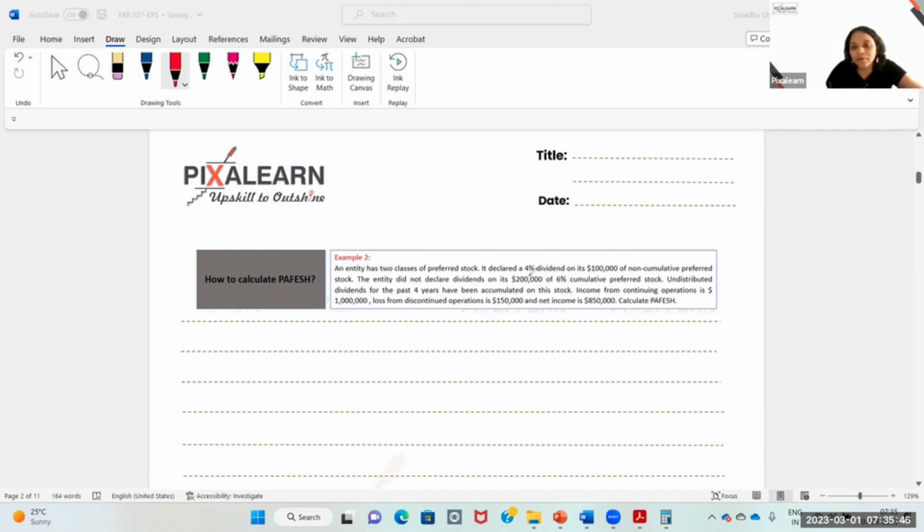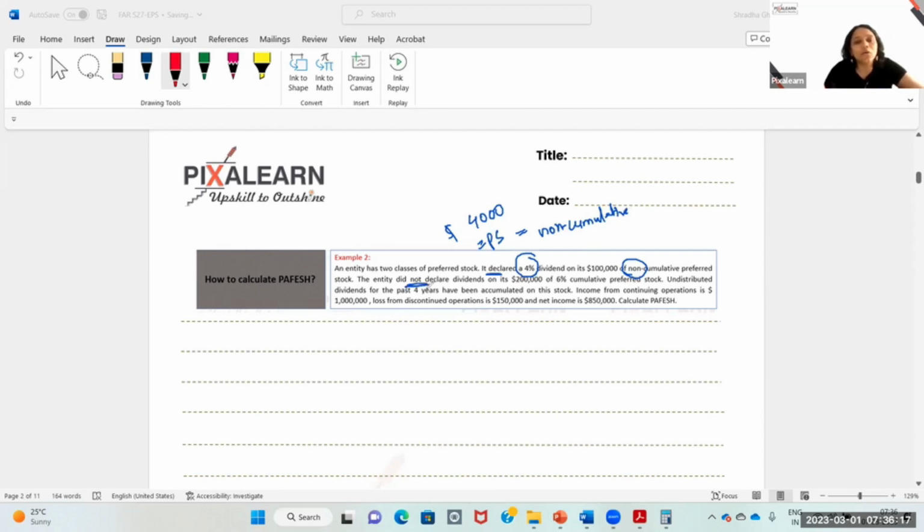We have a preferred dividend of 4%, so basically $4,000, on non-cumulative preferred stock, which was declared. I was under no obligation to declare the dividend because these are non-cumulative preferred stock, but the company declared a dividend this year. How much? 4%, which is 4,000.